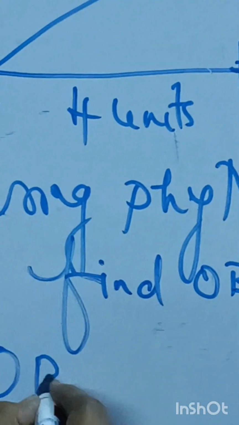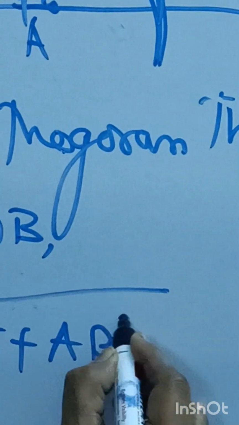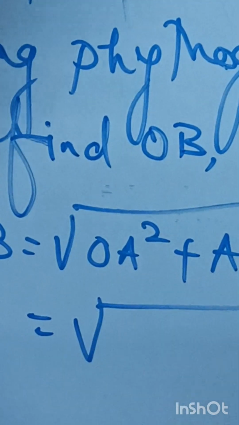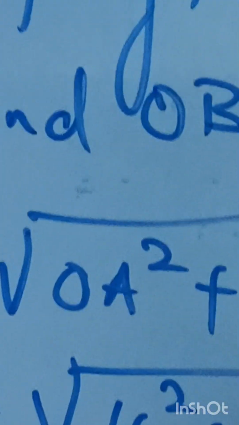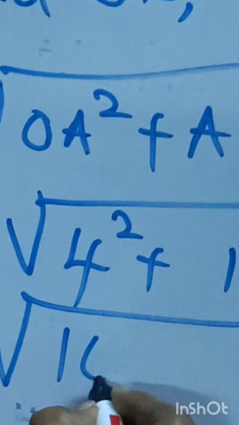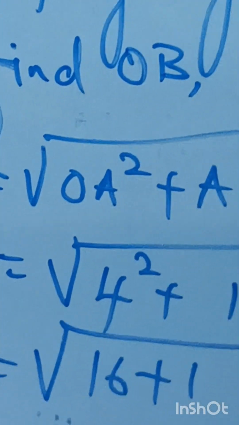That is, OB is equal to root of OA square plus AB square. OA square is 4 square, AB square is 1 square, which is equivalent to root of 16 plus 1, which is root of 17.